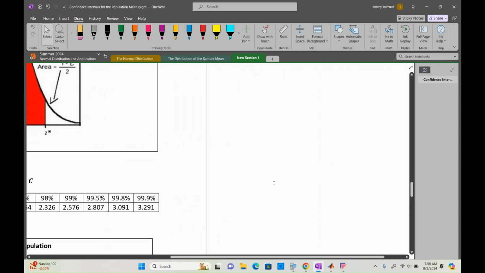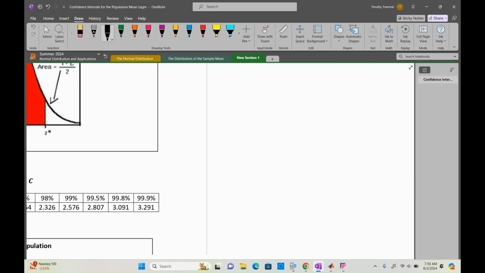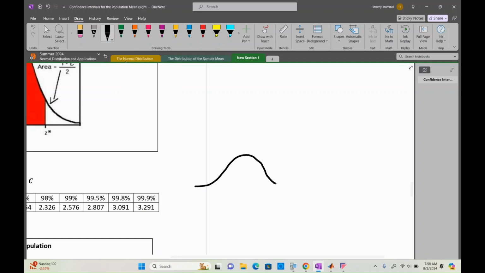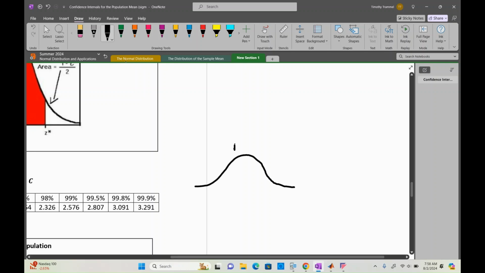So we'll come over here and make our normal distribution. I'm going to choose a very specific distribution here: the normal distribution with mean 0, standard deviation 1.